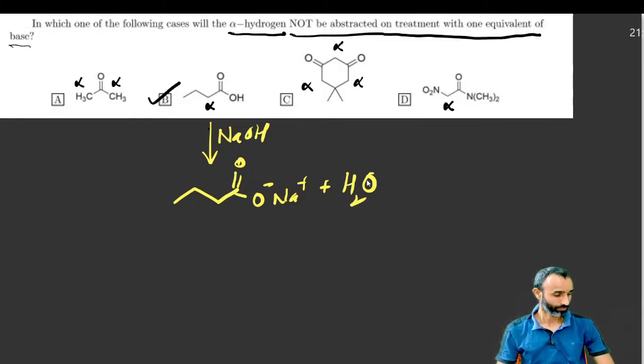So in this way, B is the right option. In the rest of the cases, it can react because it is the only one which can. In other cases, only the alpha hydrogen is acidic. But here there are two options and this one is obviously more acidic. So it will react first with the base.